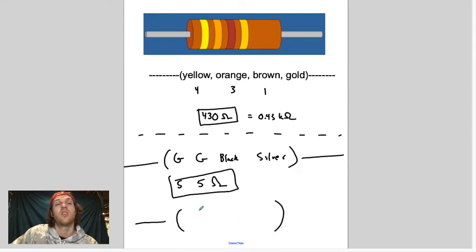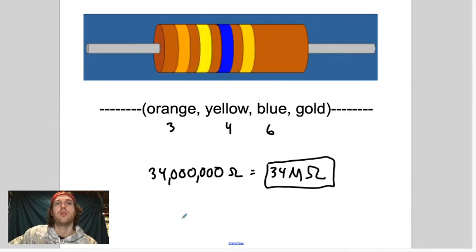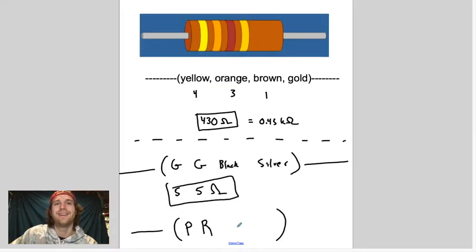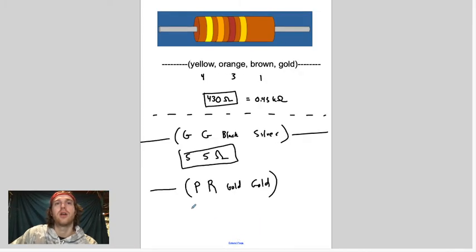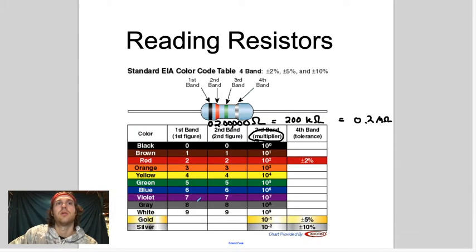And if you're wondering about these other ones, let's do another crazy one. How about purple, red, gold, gold. So if you look at that gold chart there, purple, well, violet is 7, right?